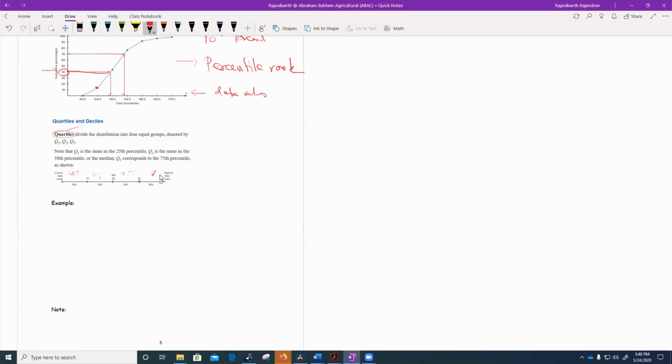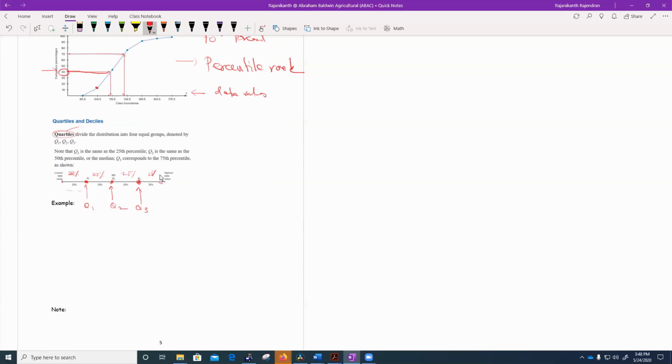The points dividing the data into four equal pieces are denoted by Q1, Q2, and Q3. Q stands for quartiles. Take the entire data set, arrange it in order from the lowest to the highest, then divide it into four equal pieces.